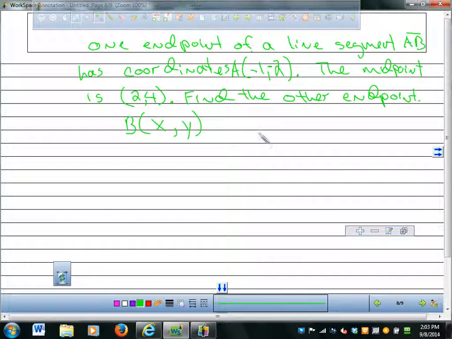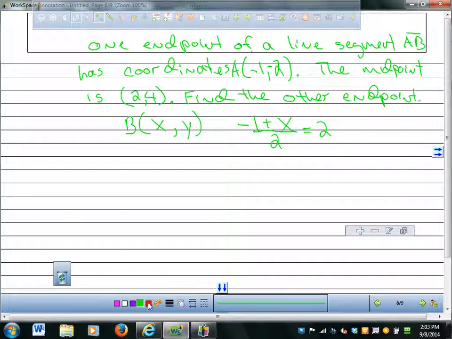So using the midpoint formula, I know that negative 1 plus x, not plus 2, because that's the midpoint, divided by 2 equals 2. Do you guys see where that comes from? One endpoint plus the other endpoint divided by 2 equals the x coordinate.